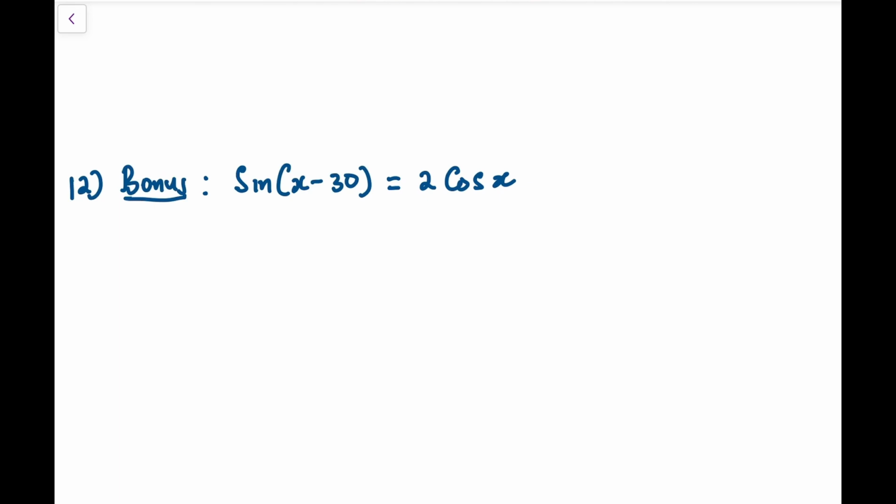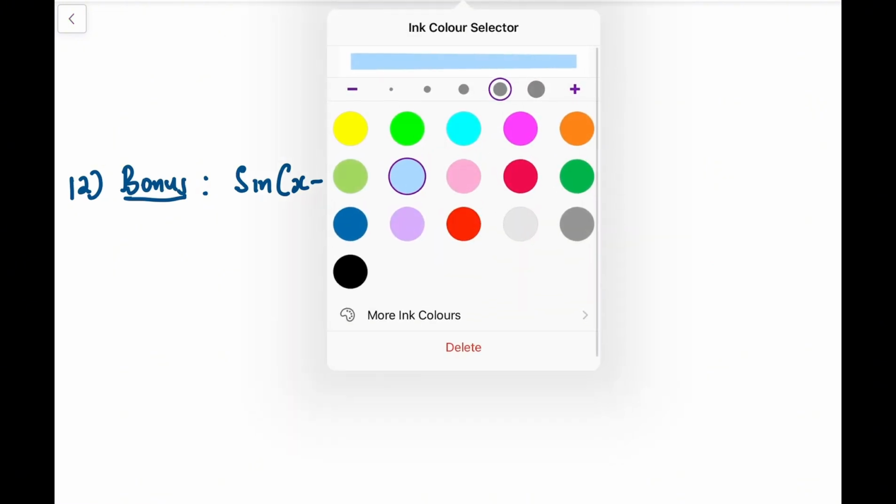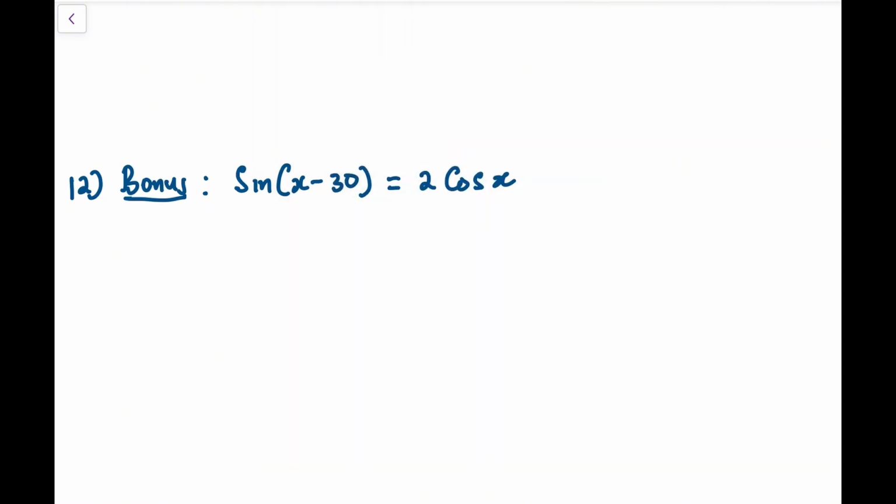So number 12, we are given sine of (x minus 30) is equal to cos 2x. Now, with this one, you might be tempted to use cofunctions here. You cannot change this cos to sine or this sine to cos because of these two here. So here we need to expand.